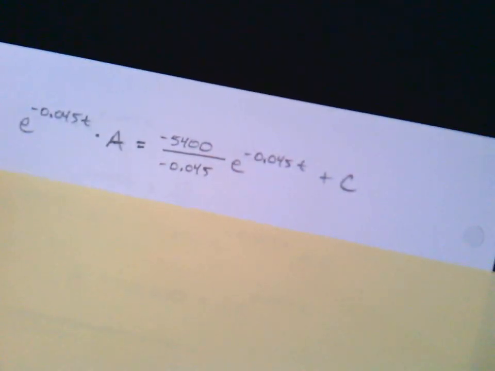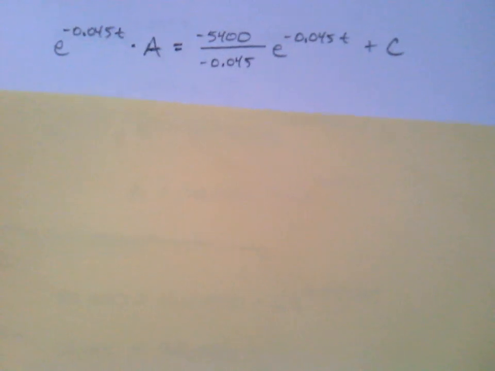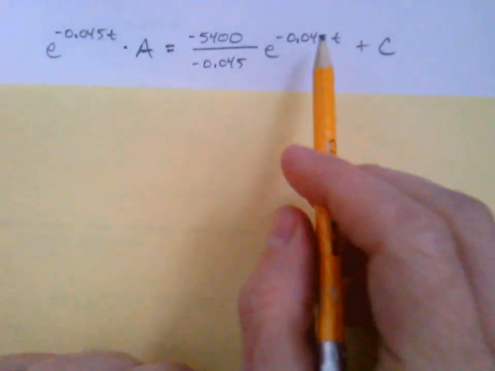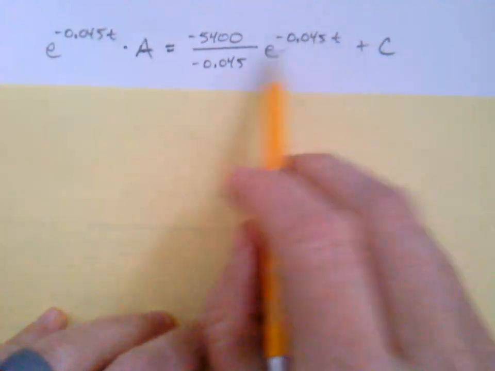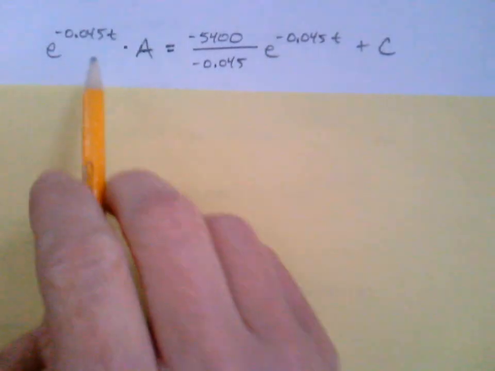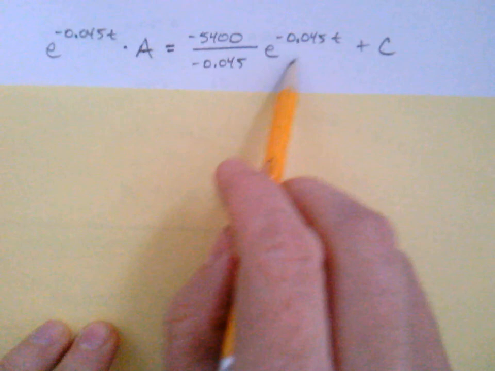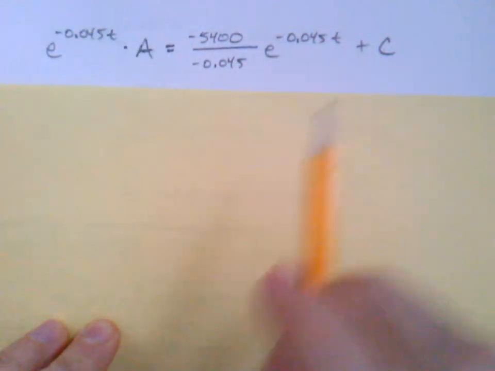Here's your antiderivative. So I'm just dividing by what would be my chain rule up there, right? Still just copying the left side. Now doing the antiderivative plus c.